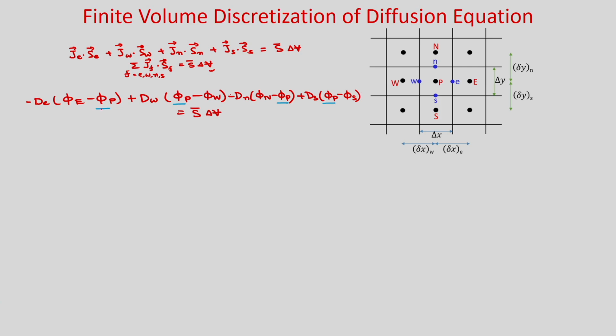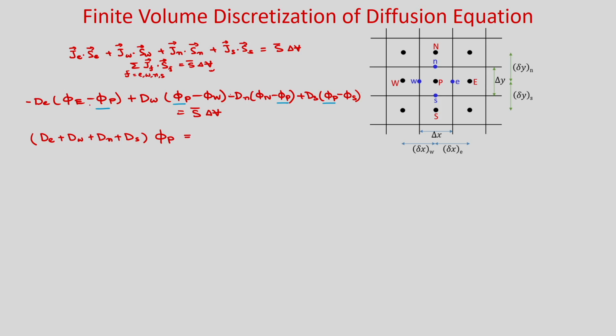Okay. So, what will be the coefficients? You see minus minus plus, so it will be d e plus d w plus d n plus d s, into phi p. So, this is your left hand side.